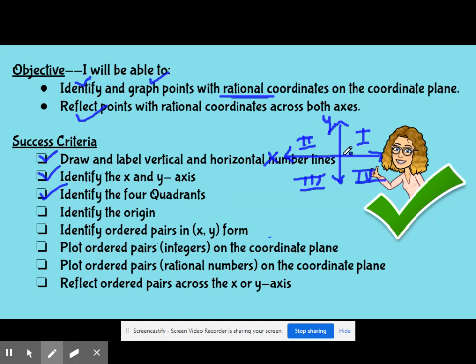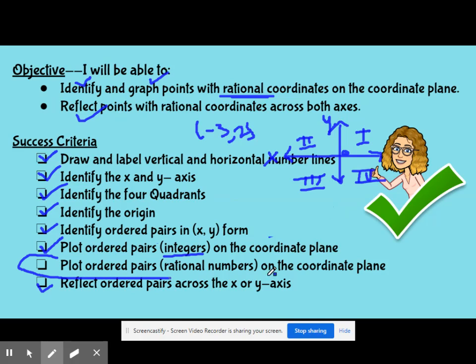We can identify the origin as being the 0, 0 spot that you start in. We can identify ordered pairs, tell the location of a point graphed. We can plot integers. If I gave you -3, 2, you could go backwards 3, up 2 and put a dot. And we reflected ordered pairs across the axes.